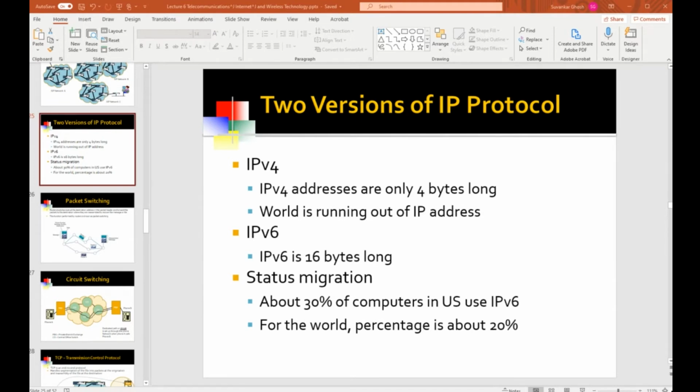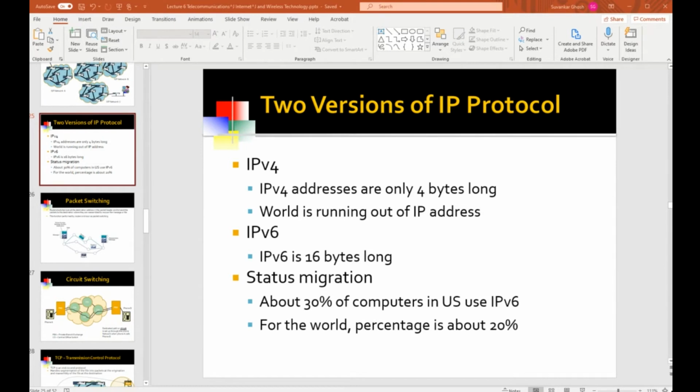And this migration has been going on for actually more than a decade now. The reason for the migration is that we are running out of addresses with IPv4.